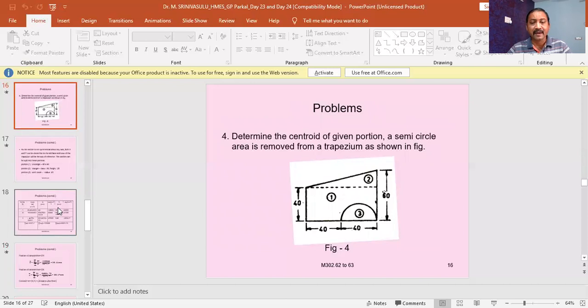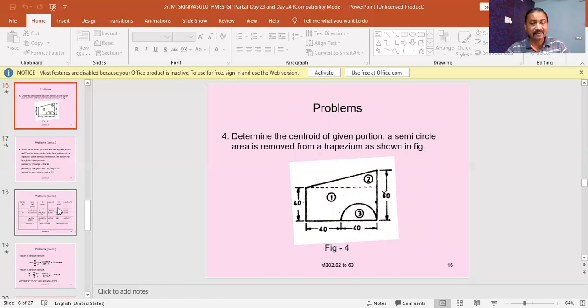Basically, it is a trapezium. A trapezium is also nothing but a combination of a rectangle and triangle, and from it a semicircle is cut out. So we are supposed to find the centroid for the remaining area.